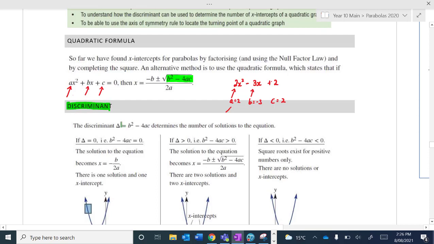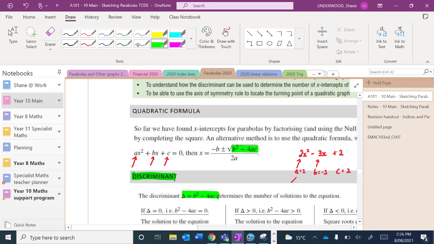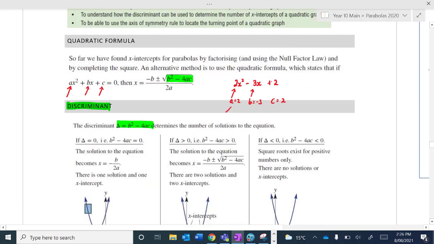And that discriminant actually helps us determine the number of solutions. Now, it might make sense that if there's no solutions, and the discriminant, which is b squared minus 4ac, was, let's say, -2, think about it: what's the square root of -2?